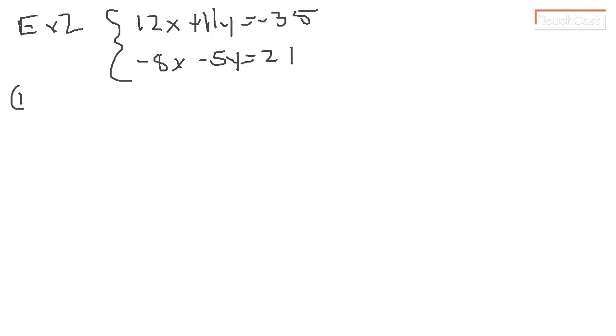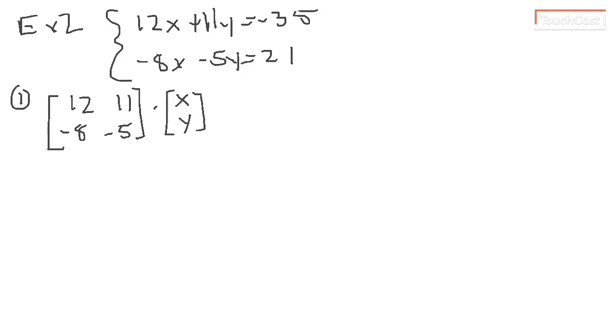So step 1, I'm going to write this as a matrix equation. I'm going to have 12, 11, negative 8, negative 5 times x, y equals negative 35, 21.